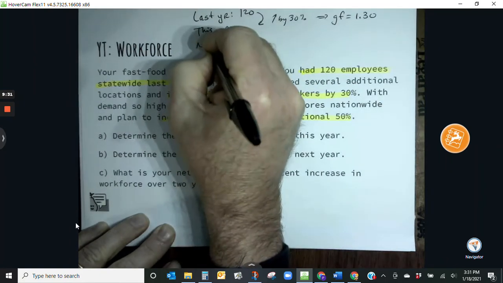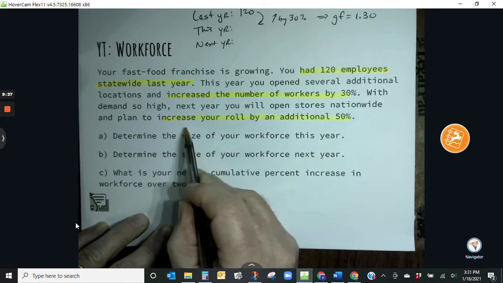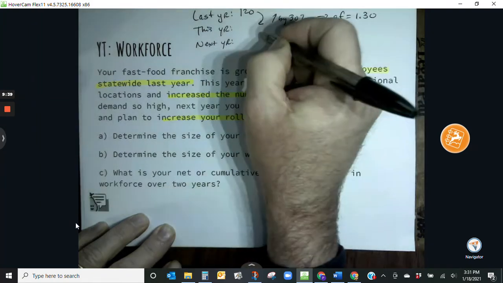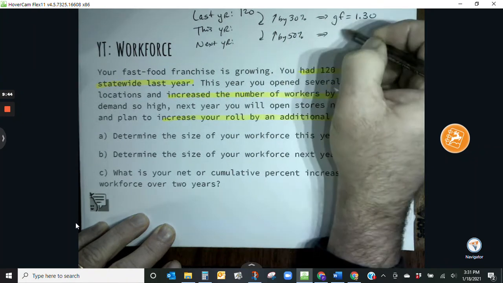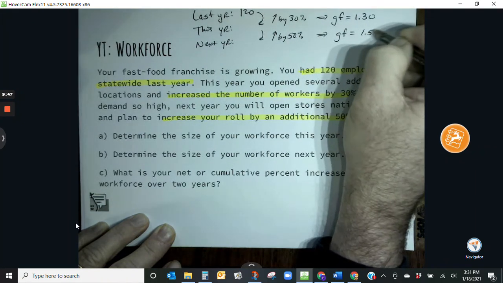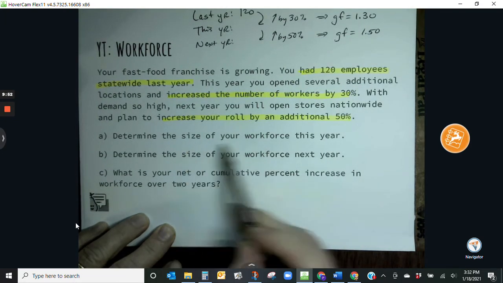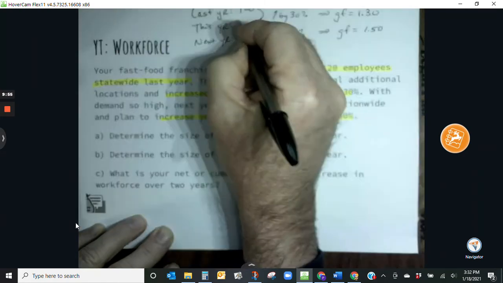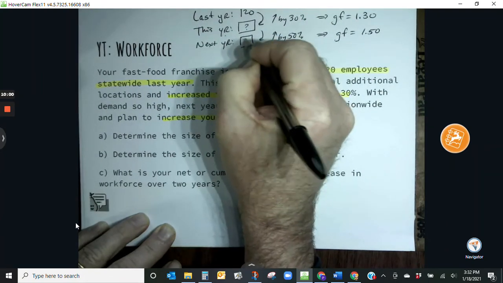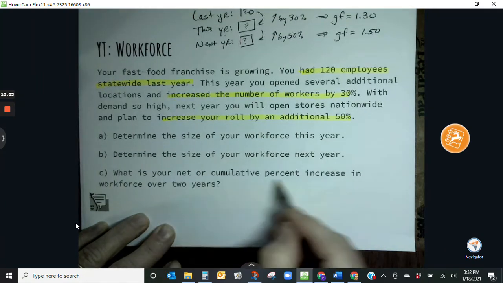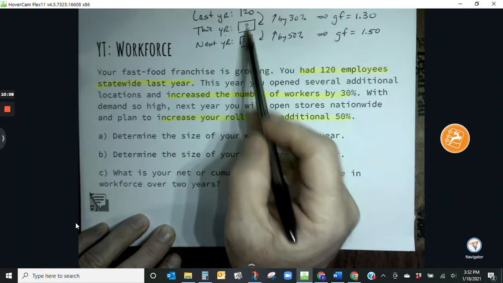Next year, you plan on opening more stores nationwide and increasing your roll by an additional 50%. So you're going to go up another 50%. That's a growth factor of 1.50. So we want to find the workforce this year, then next year, and then the net or cumulative percent increase in workforce over 2 years. So I need to find these individual numbers.